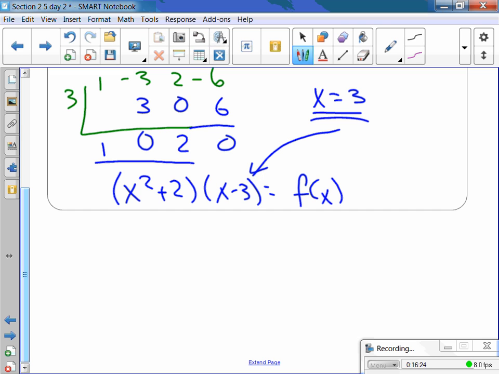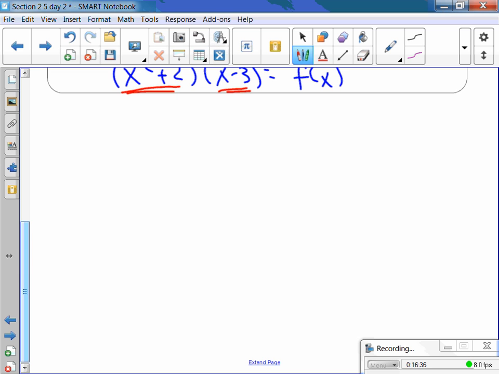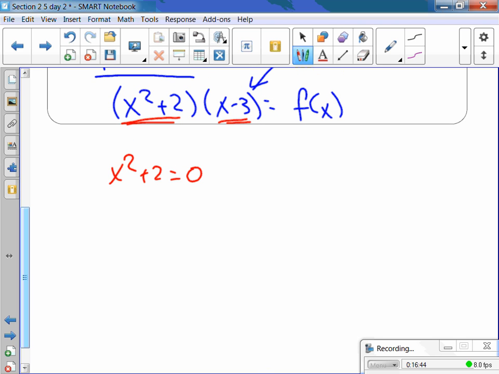I know the zero here, x equals 3. To find the zero for my x squared plus 2, what do we do? To find the zero, we just set it equal to 0. Subtract 2. Square root.